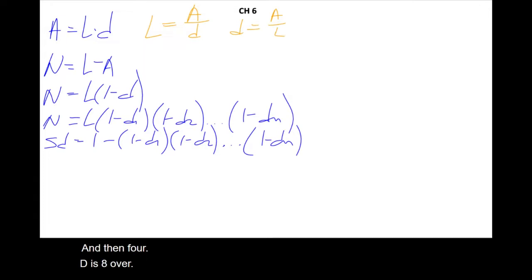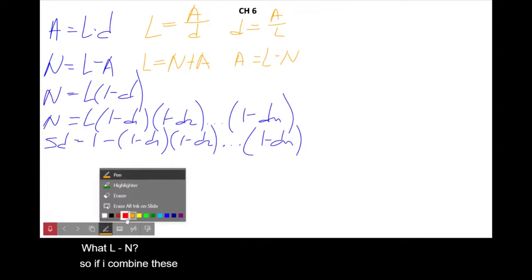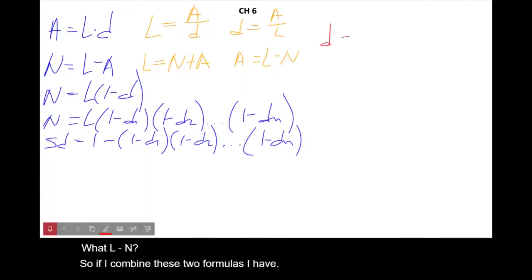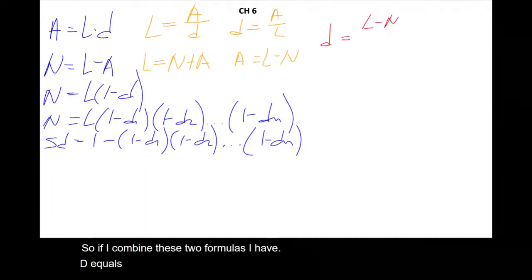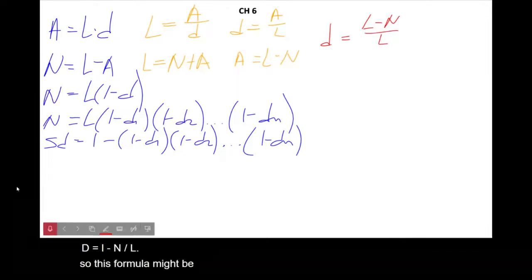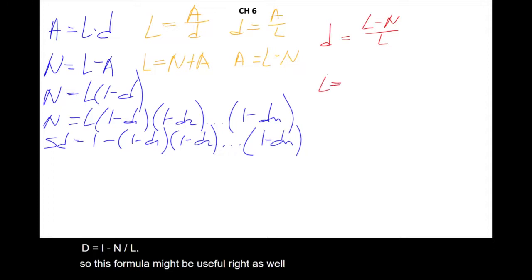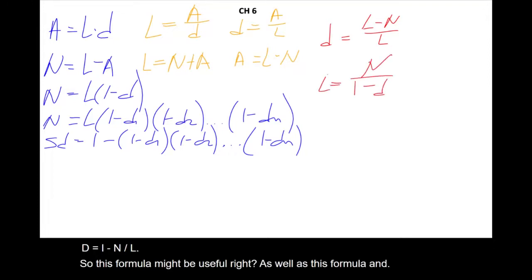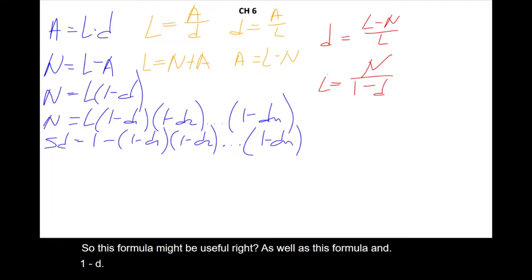So let's solve the first formula for L first, A over D, and then for D is A over L. Okay, here we can say L is n plus A, or A is L minus n. So if I combine these two formulas, I have D equals L minus n over L. So this formula might be useful, as well as this formula, n equals L times 1 minus D. Okay, let me see if I have an extra page.